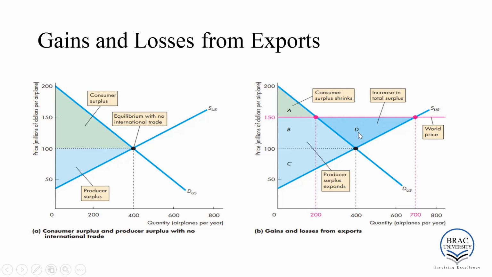How does this happen? It happens because of the raised price due to the trade and increased amount of airplanes sold. Okay, that is why we can earn this amount of surplus, because the nation is open to trade.